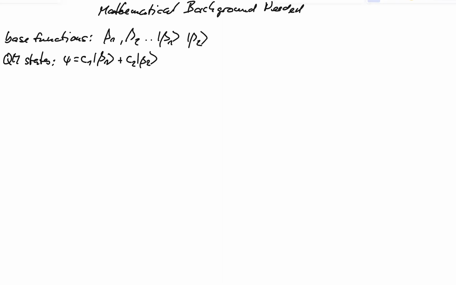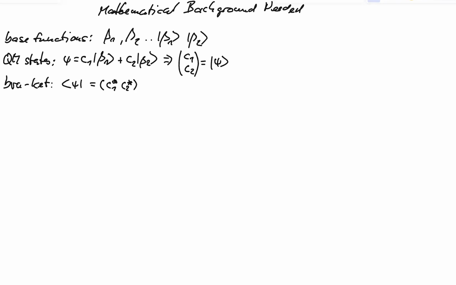And this we then describe simply by a column vector in this case, C1, C2, which is the psi ket vector. In this bra-ket nomenclature, the bra vector is the adjoint of the column vector, so it will be C1 star, C2 star.